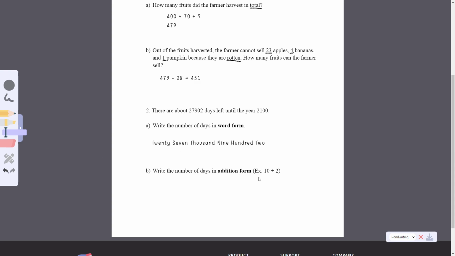Write the number of days in addition form. Addition form would be adding the different numbers but putting zeros in the other place values.